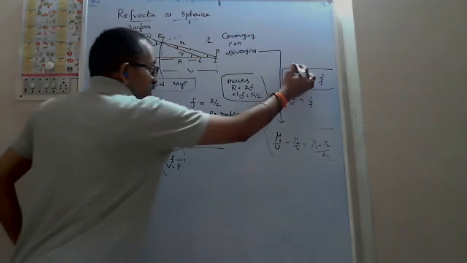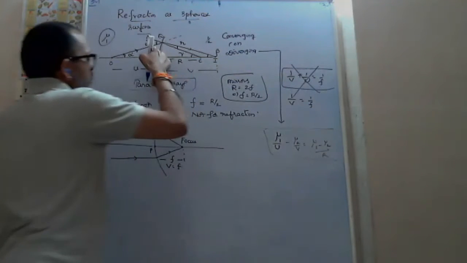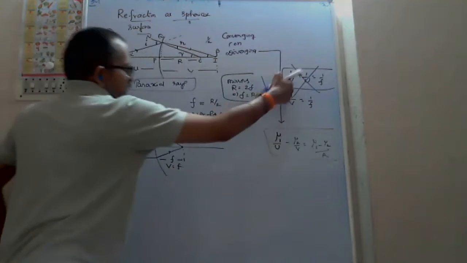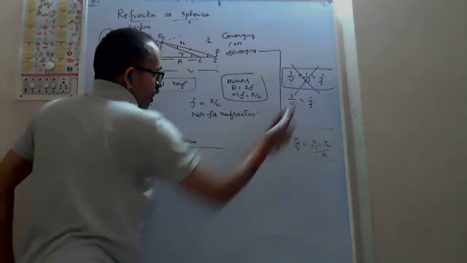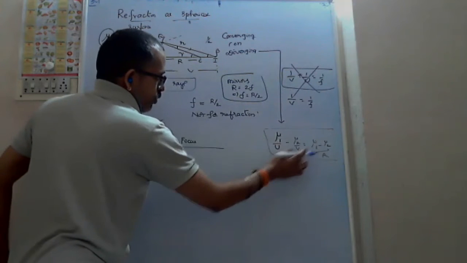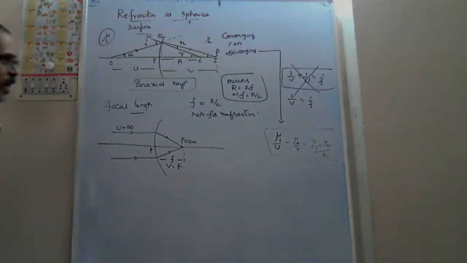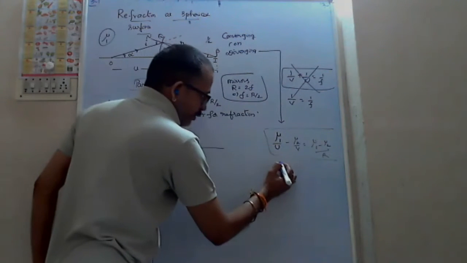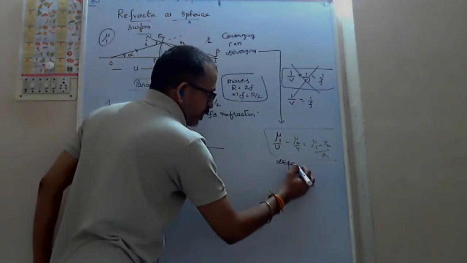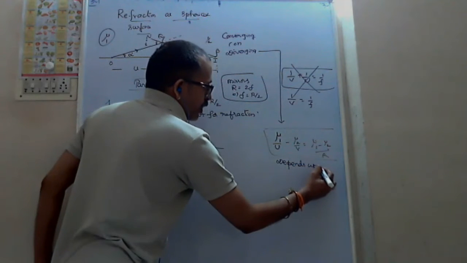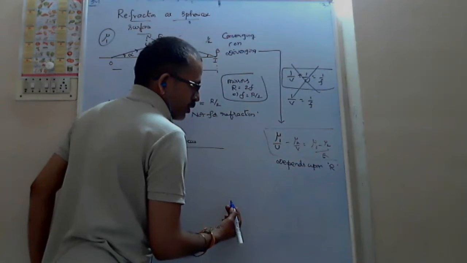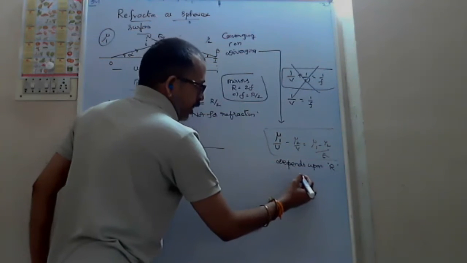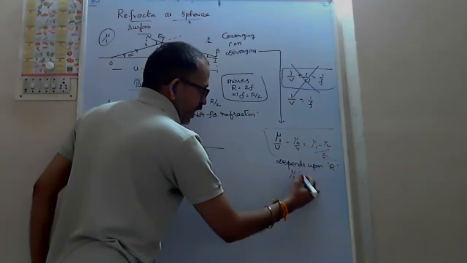But that is not the formula for a spherical refracting surface. The formula is modified: mu1 by U minus mu2 by V equals mu1 minus mu2 by R. It depends not only on the radius of curvature, but also on mu1 and mu2.